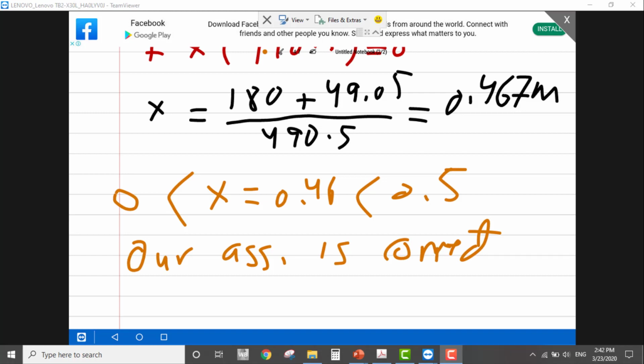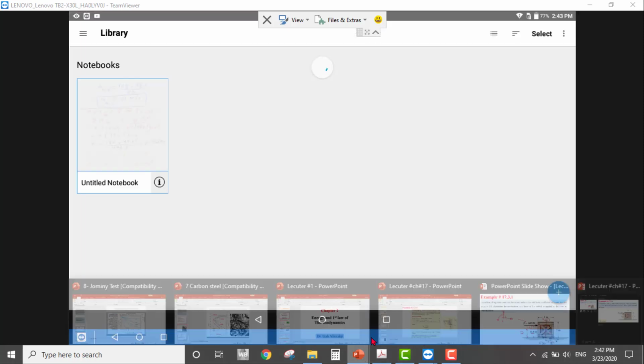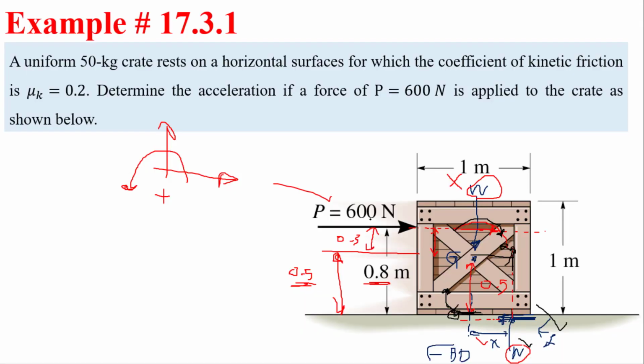Which assumption? That the crate translates. So this is the first problem. And here is the answer, which is 10 meter per second squared.